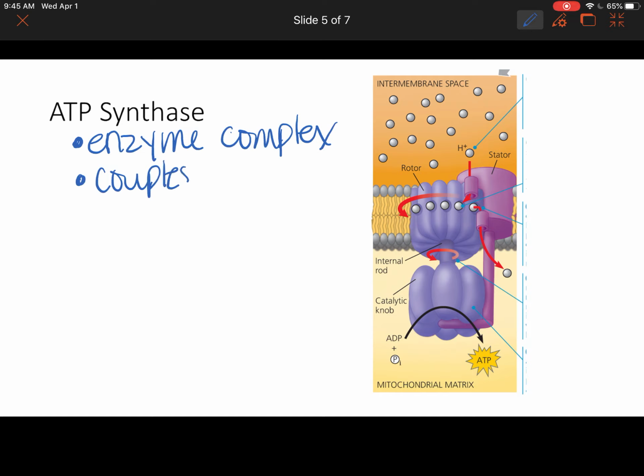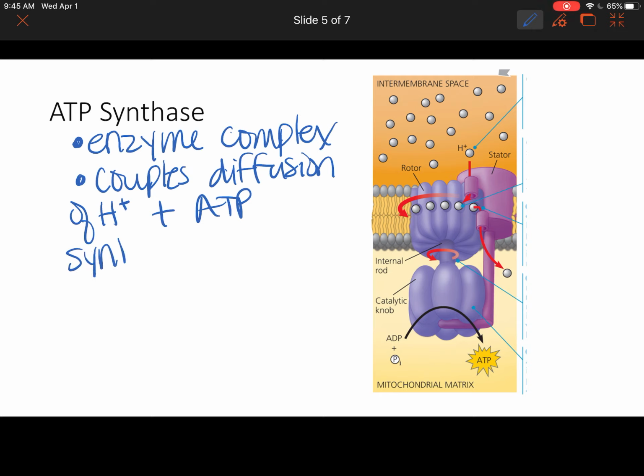that couples the diffusion of hydrogen to ATP synthesis. So remember, when hydrogens diffuse down their gradient, energy is being released. It's like sliding down the slide at the playground, okay?